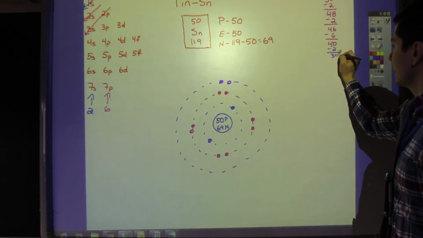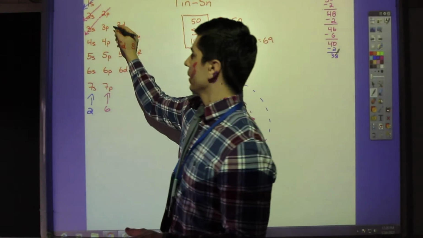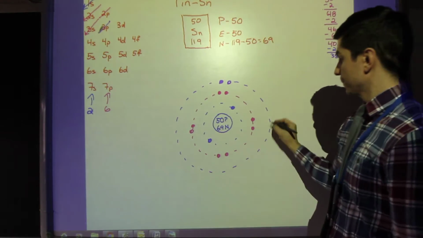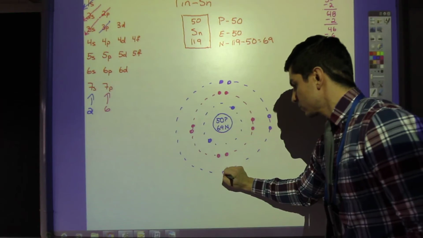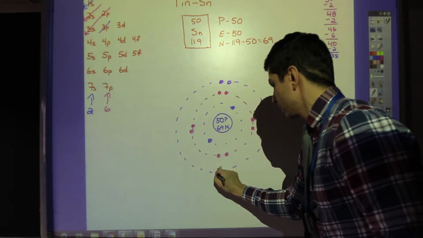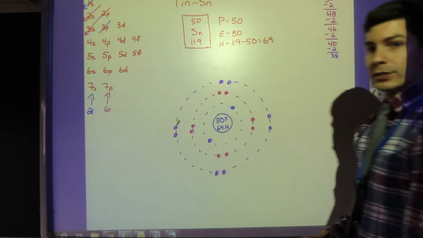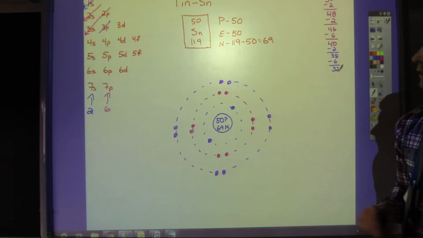I have 38 more to put in. After 3s, let me do another arrow. It's going to go through 3p. All p's have 6: 1, 2, 3, 4, 5, and 6. Let's subtract our 6. I have 32 left to put in.